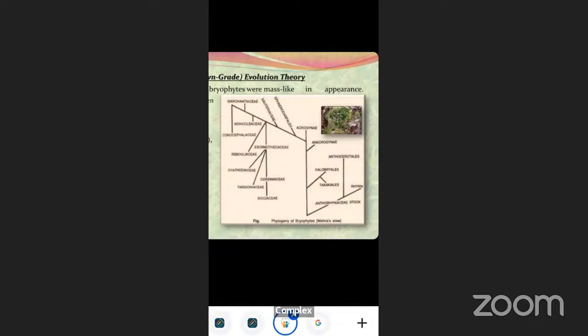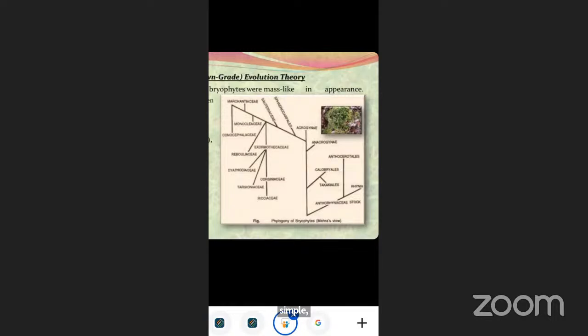The leaf-like structure is not there. Then Marchantiales. So Bryophyta to Marchantiales, that is the retrogressive theory. From the complex gametophyte structure to the simple structure of Marchantia explains the retrogressive theory.